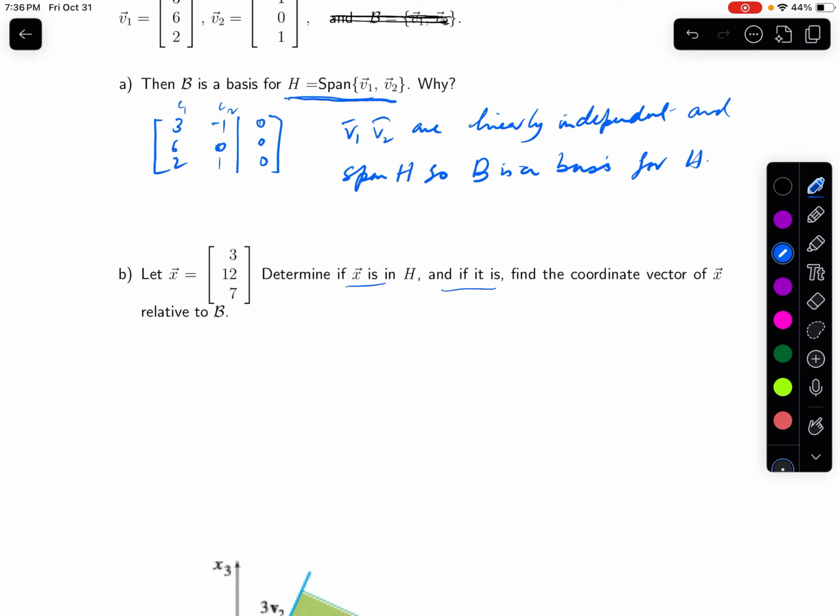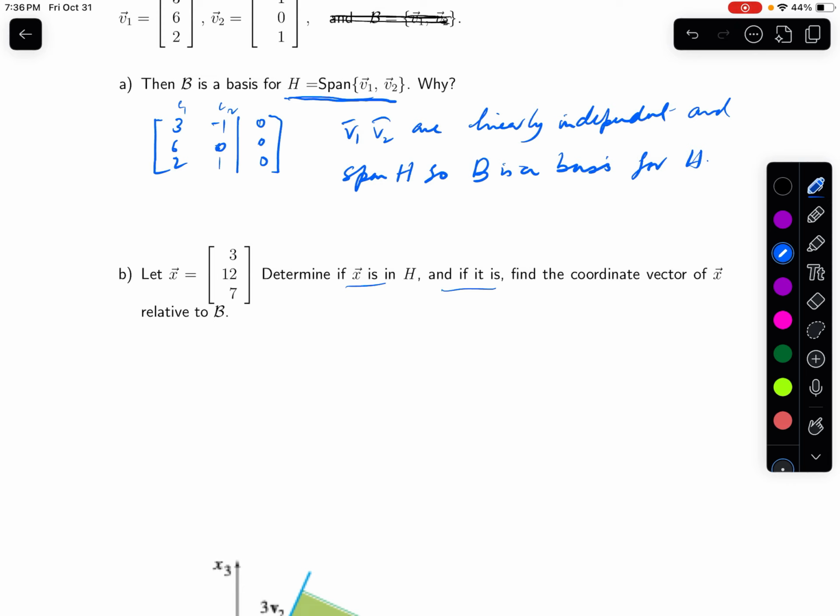So basically again we are solving the system of equations: 3, 6, 2, negative 1, 0, 1, and then I have 3, 12, 7. Notice here we are solving a 3 by 3 system again, but now we have a straight line here because the coefficient matrix was only 3 by 2.